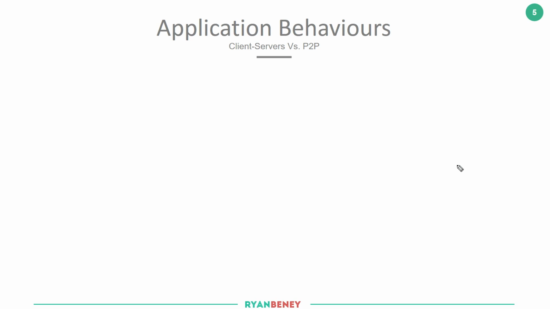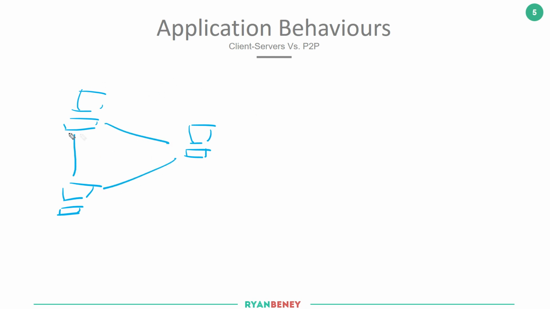The second is the peer-to-peer. And we can imagine that we have multiple PCs spread out, and they have essentially links to one another. And in this scenario, we don't have a client or server. In fact, every device is a client and server.